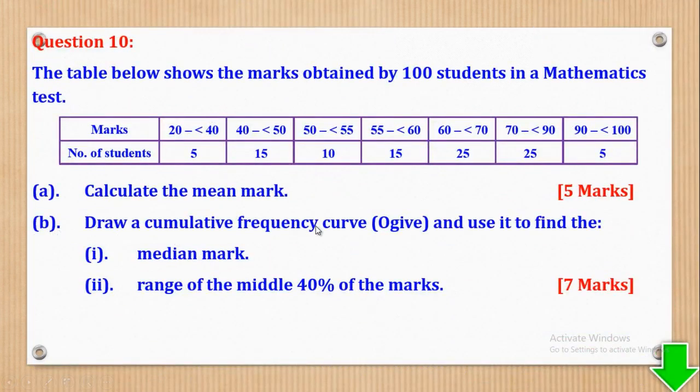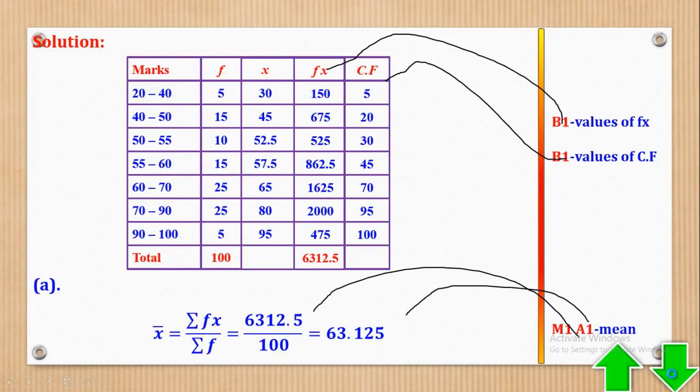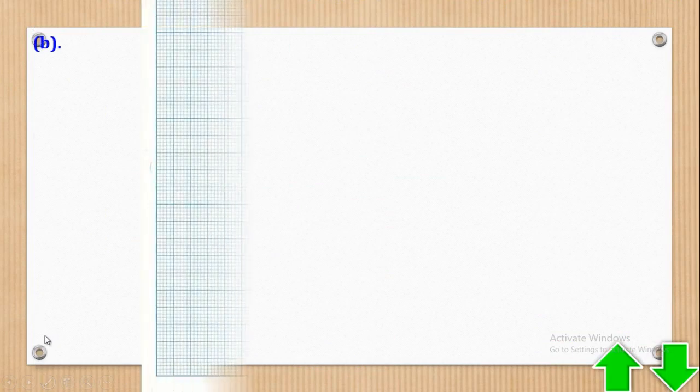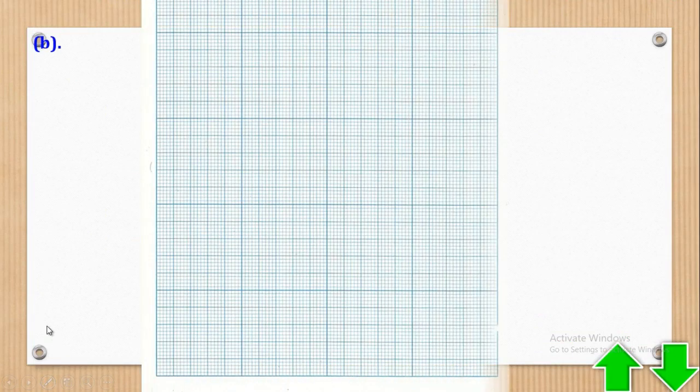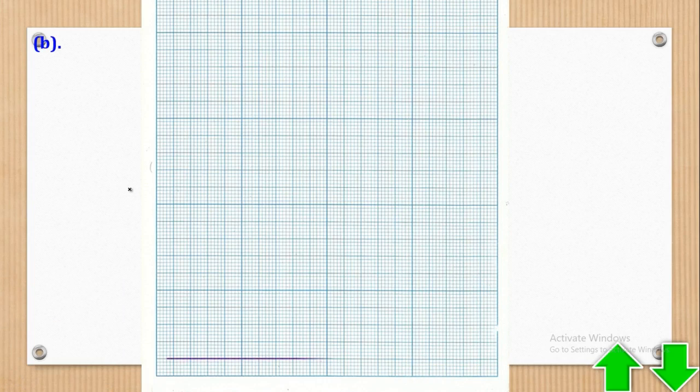So part B, they wanted you to draw an ogive. So let's draw an ogive. For an ogive, you need a graph paper. Then after the graph paper, you are going to draw the axes: the horizontal axis, the vertical axis, then label the axes.